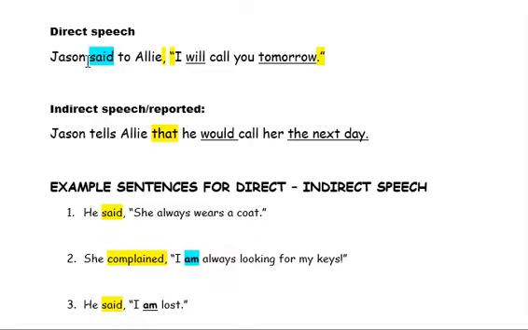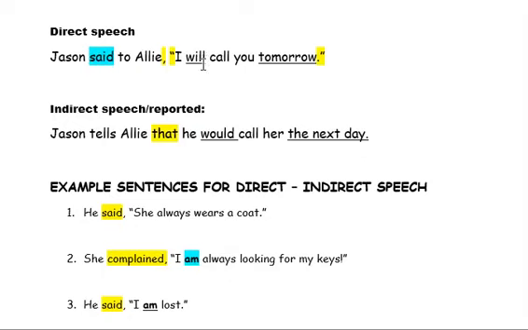So once we identify the introductory verb, and here you can see that I have highlighted it, that will give you the clue to what the tense should be for the indirect speech. Okay, so if you remember, there are three tenses: past tense, present tense, and future tense. Because the tense of the introductory verb in this sentence here is past, all right, then the indirect speech will also be in past tense. Everything needs to change to the past tense.